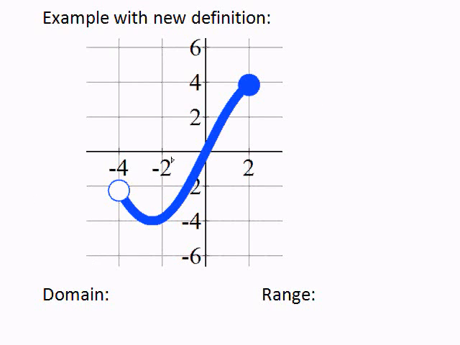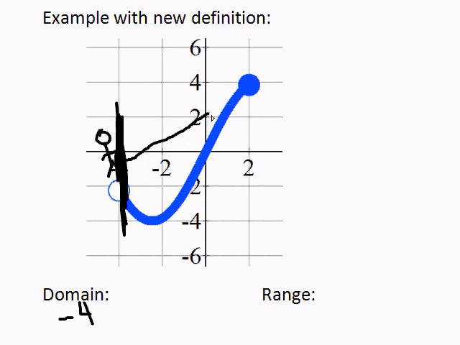Domain, let's go and do domain in black again. So if we're talking about a walk, we're going to walk along this graph, and we're always going to start at the furthest left that we can start. So we start, and we're going to start our walk right here at -4. That's where the walk starts. So our walk starts at -4, and we keep on walking.